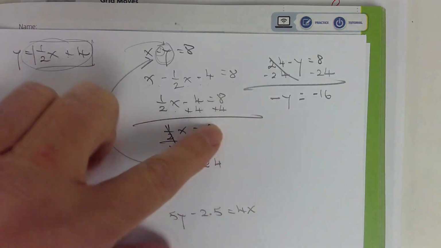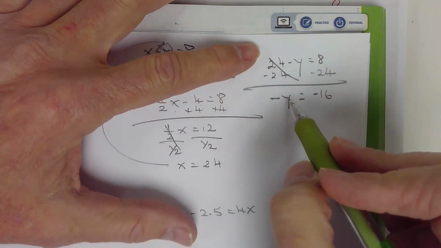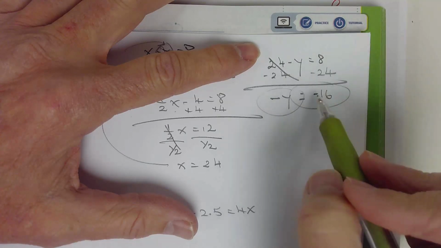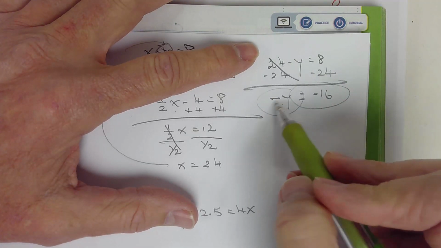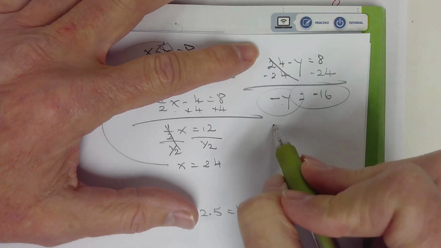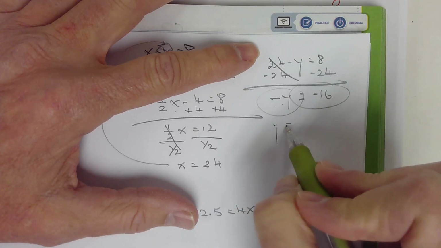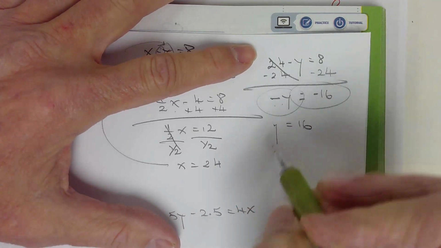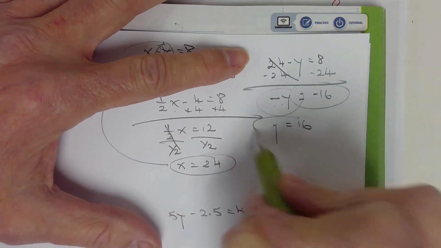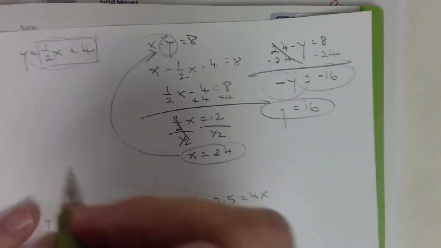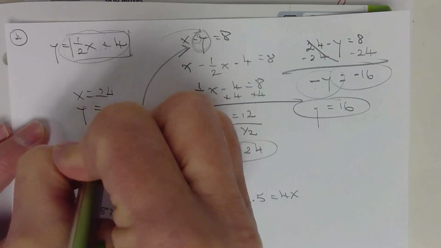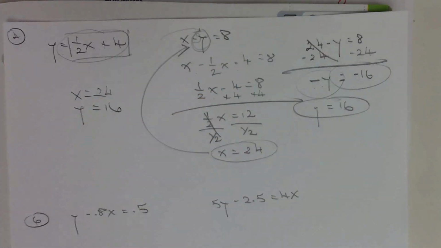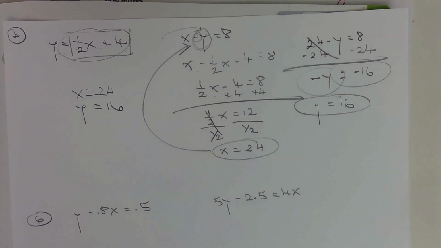You want to turn it to positive. Whatever you do on one side of the equation, you do on the other. You could look at it like you're multiplying each side by a negative 1, which would make this a positive y, so y equals 16. So x is 24 and y is 16. That's the solution for that one.